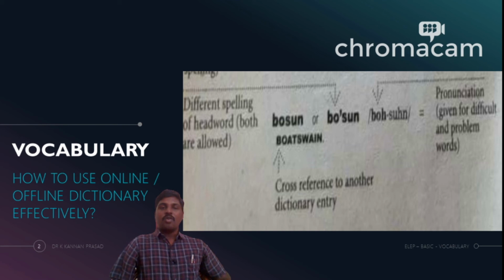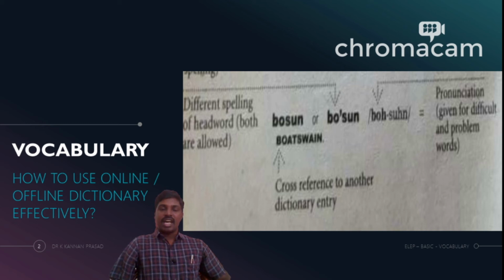Now most dictionaries give you the format in which a word should be pronounced. There are also pronunciation dictionaries which you could use for very technical words, but if the editor who writes a dictionary thinks that it is a difficult word to understand, he or she, the editor or the editors, will give you the pronunciation.